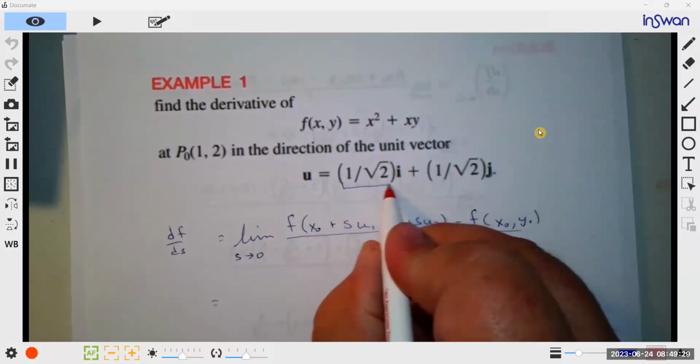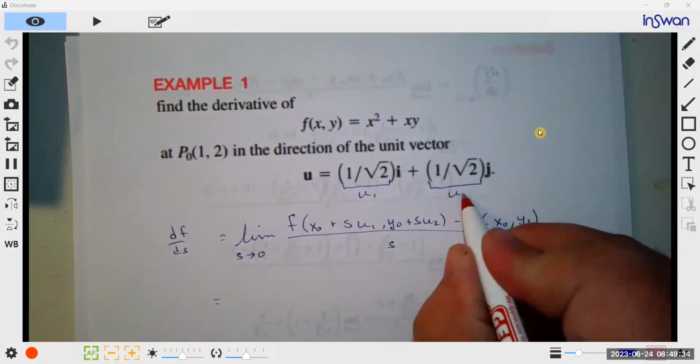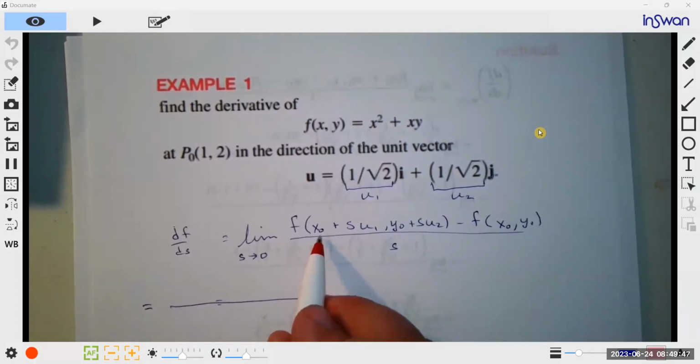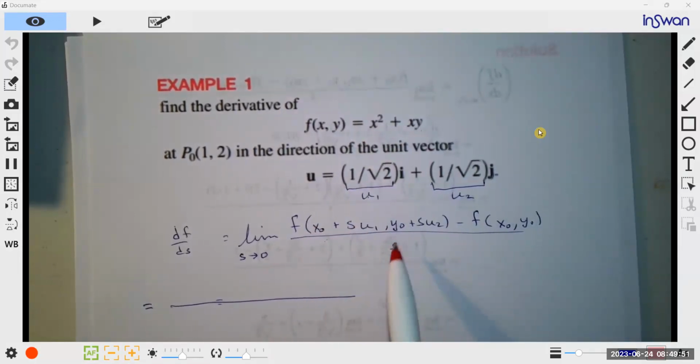So this is u sub 1, this is u sub 2, and that's our function. So we take this function and put u1, u2 in there.